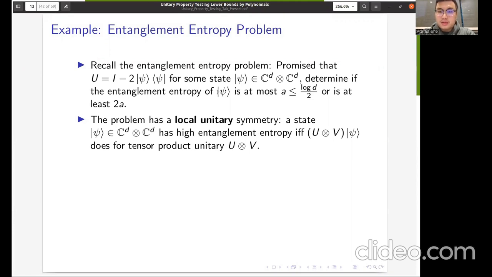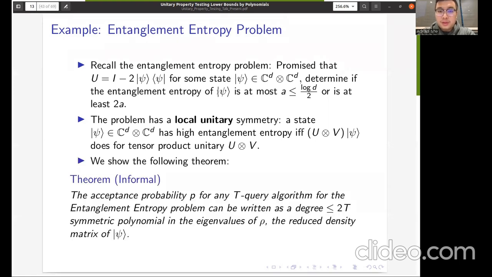That is, a given state has a high entanglement entropy if and only if some tensor product unitary U tensor V applied to the state also has high entanglement entropy. We exploit this local unitary symmetry to show that the acceptance probability of a t-query algorithm for the entanglement entropy problem can be written as a symmetric polynomial in the eigenvalues of rho, which is the reduced density matrix of the state psi.